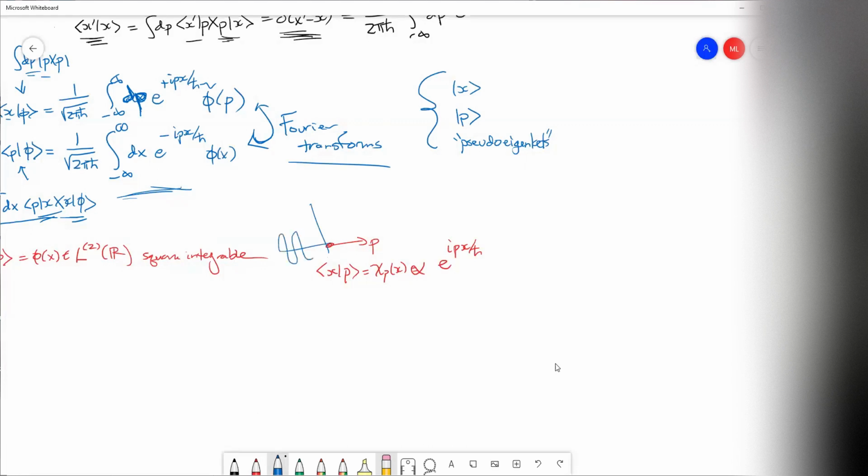So it's not normalizable. It's an oscillating thing that just oscillates as a function of x along the whole real line. It's not square integrable. So what you often do is you construct a wave packet.